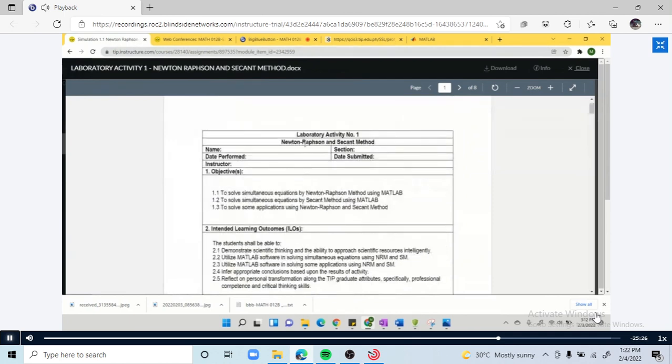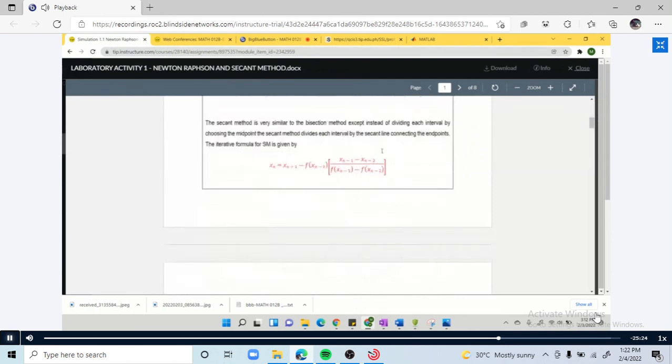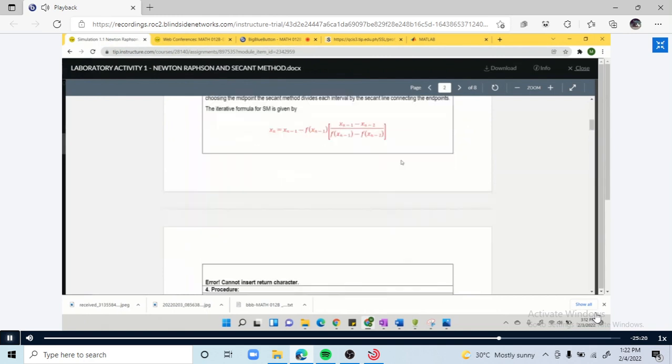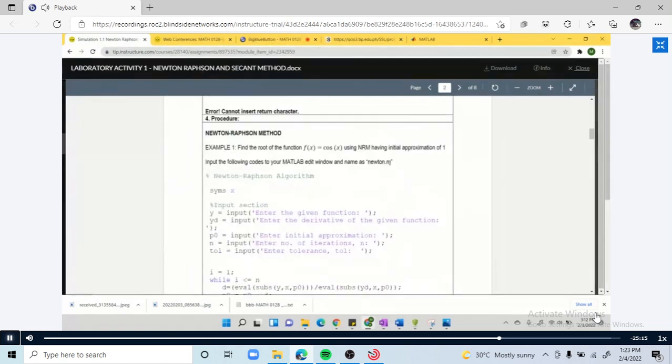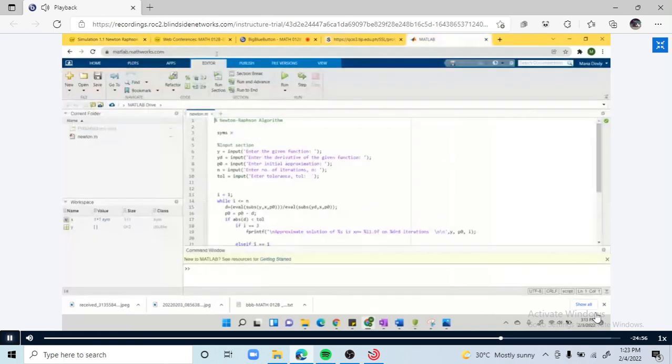About Newton-Raphson and secant method, may konting discussion, giving you the same formula. Malito dun sa mga notation ha, parehas lang yan. Using Newton-Raphson method tayo, for example 1. Find the root of the function using Newton-Raphson method having initial approximation of 1. Input the following codes to your MATLAB edit window and name it as newton.m.